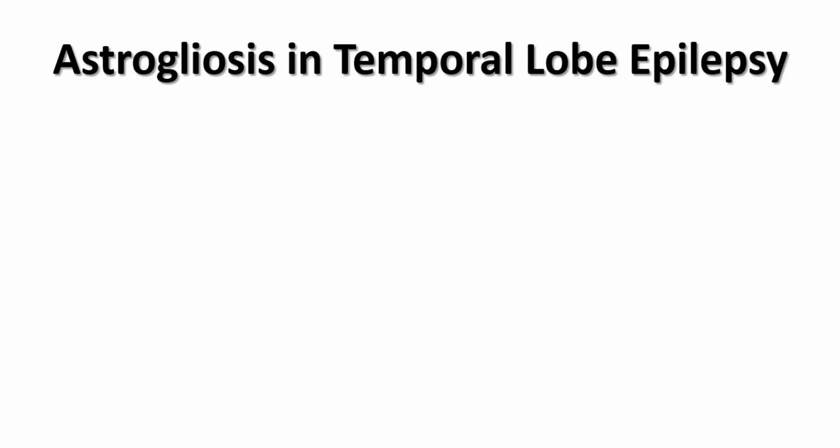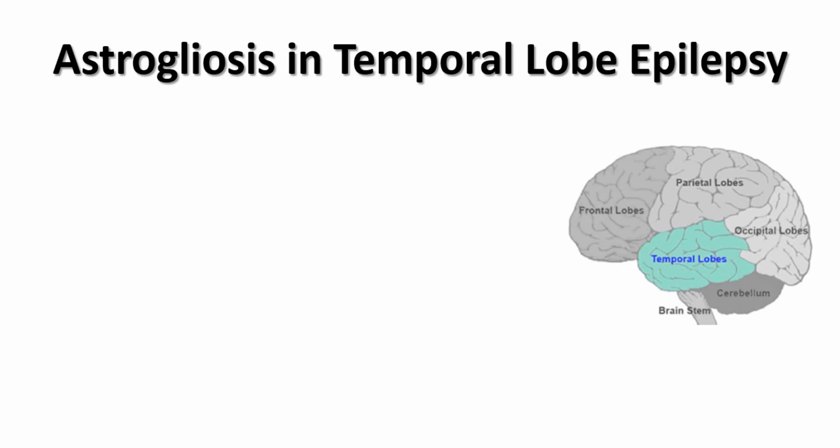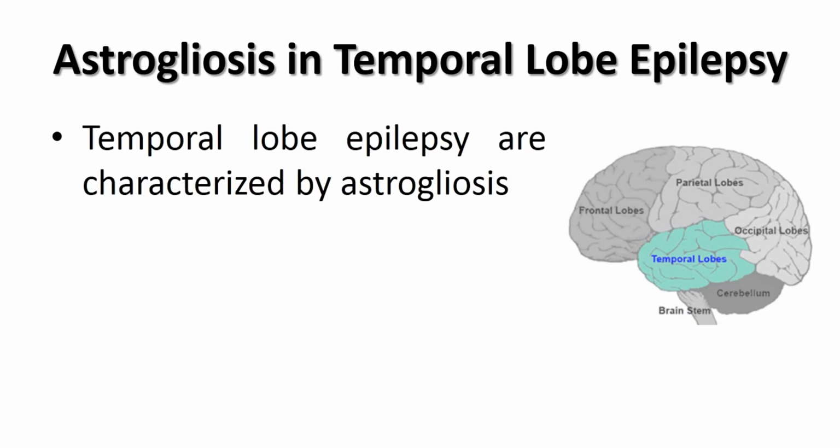Temporal lobe epilepsy is characterized by astrogliosis, and this is your temporal lobe, the location of your temporal lobe. To continue, my dear students, this is the temporal lobe, the lobe which is responsible for astrogliosis.